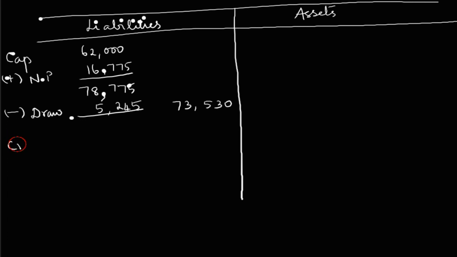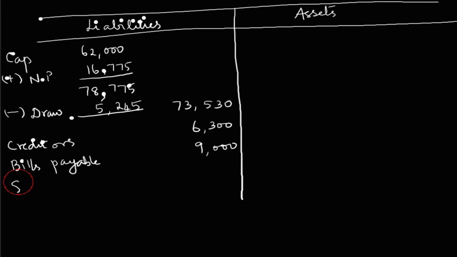Then you have sundry creditors. No adjustments, so you can directly post it. Bills payable. Then you have expenses outstanding, which is salary. That is a liability. You have not yet paid it, so it will come on the liability side.